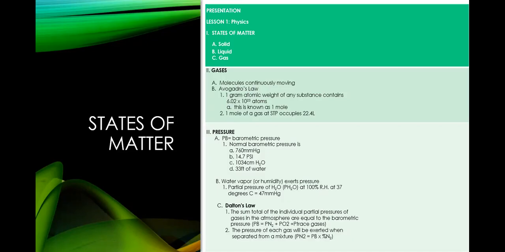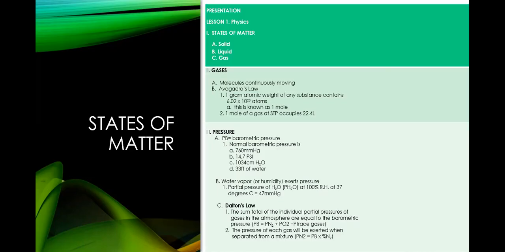His law states that 1 gram atomic weight of any substance contains 6.02 times 10 to the 23 atoms. This is known as 1 mole. 1 mole is 6.02 times 10 to the 23 atoms. He says 1 gram contains that many atoms.